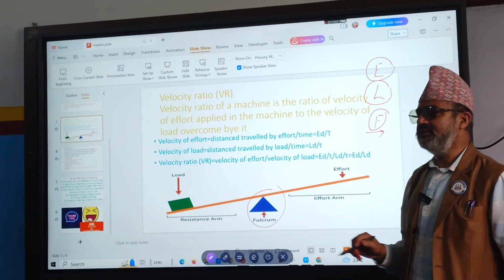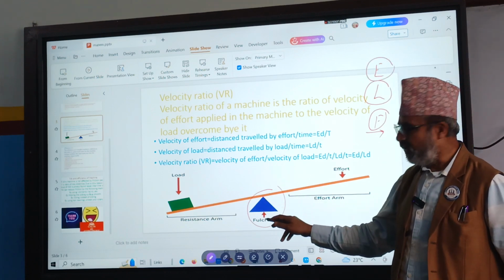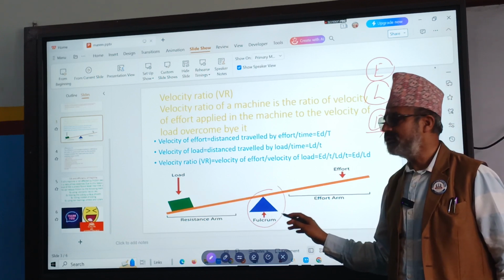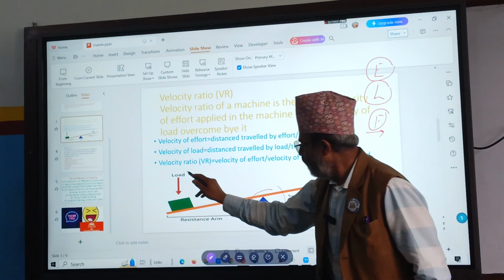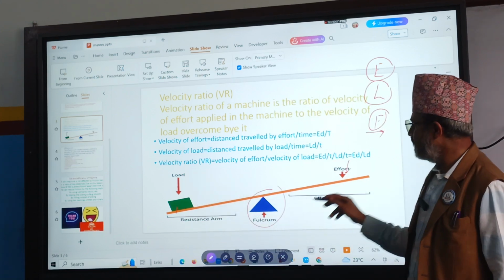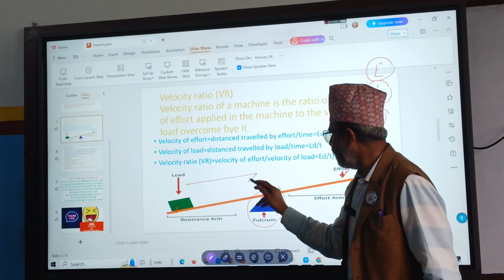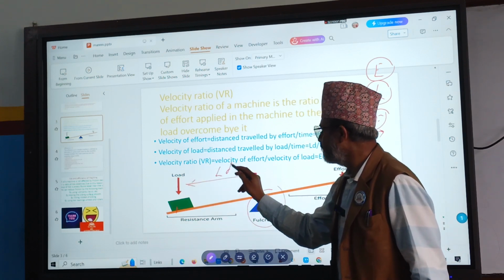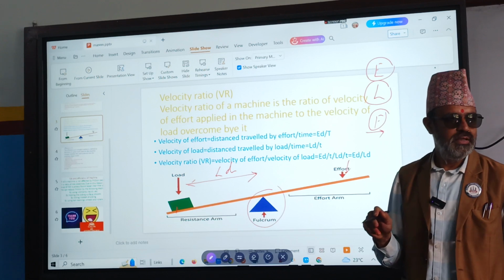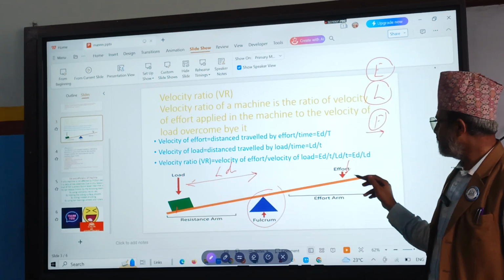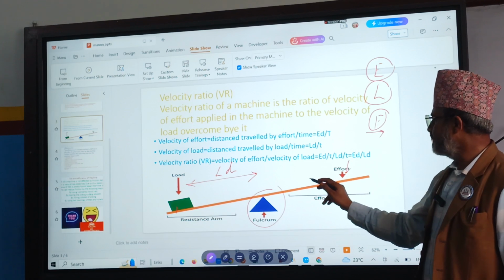So what type of lever is this? The fulcrum lies at the center. That's why it is called first class lever. Load is connected at one side and effort is applied at another side. Distance between load and fulcrum is load distance. And distance between fulcrum and effort is effort distance.